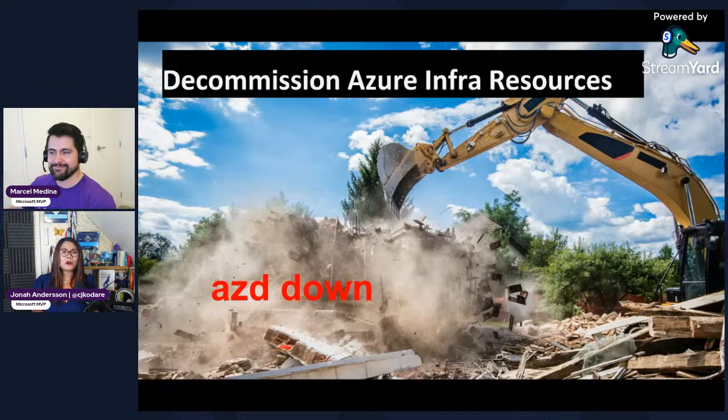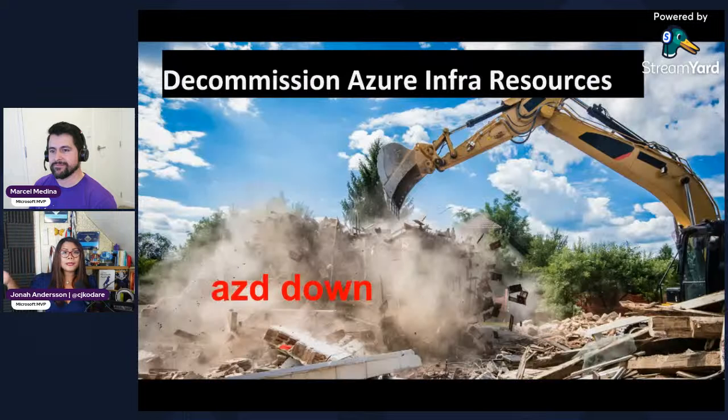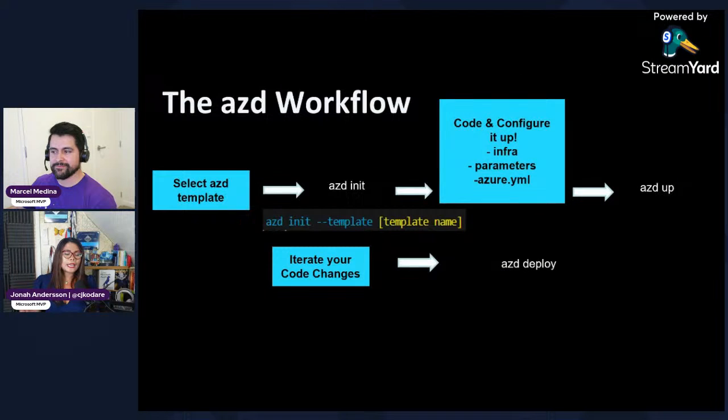Aside from the common commands, if the template or entire project didn't work out and you want to start again with a new template or from scratch, there's azd down. It cleans up the resources you built, like a resource group, and then you can start again using azd up.